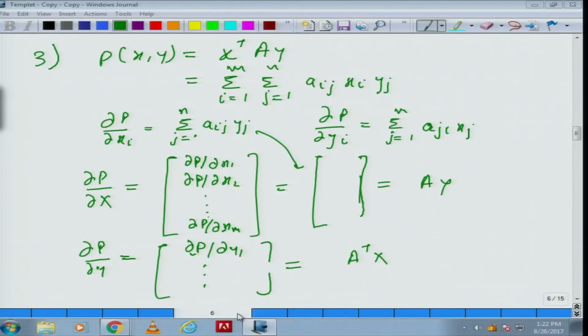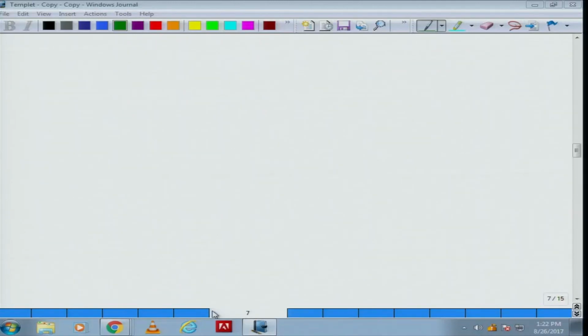So in the next part of the question, there has been a slight change. We have been given Q to be equal to X transpose AX.